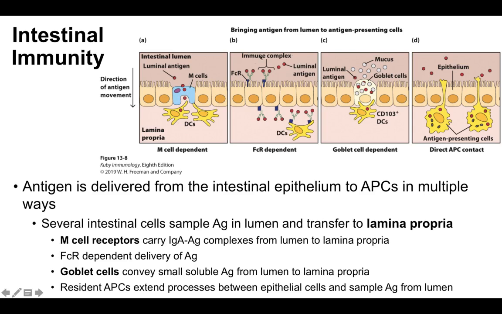They can also come in through binding to an antibody that's bound to an Fc receptor and be brought in. They can be brought in through goblet cells, and they can also be brought in by antigen-presenting cells that reach out through the epithelium and grab onto antigens that are there and sample what's in the lumen.